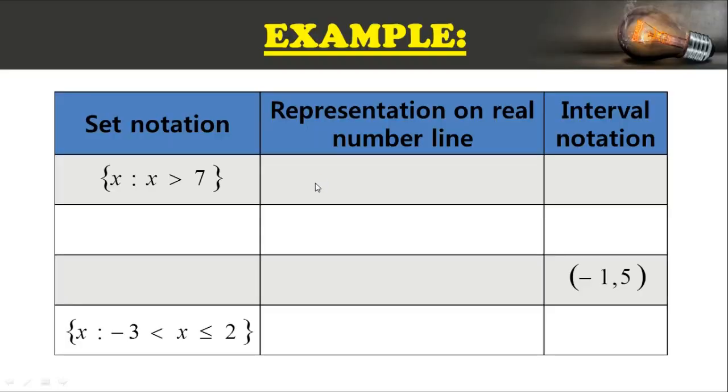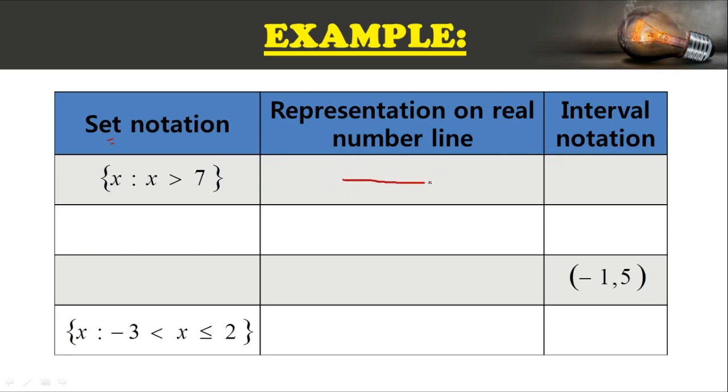Now let's look at the example. Okay, the first one, since we have x greater than 7, to write in set notation, we need to write like this: curly bracket x double dot x greater than 7. So from this set notation, actually we can represent it on a real number line.